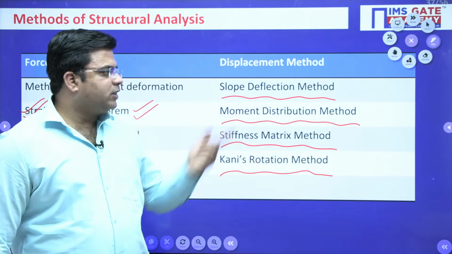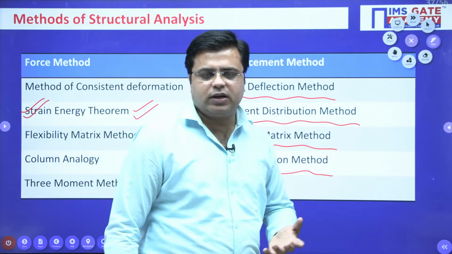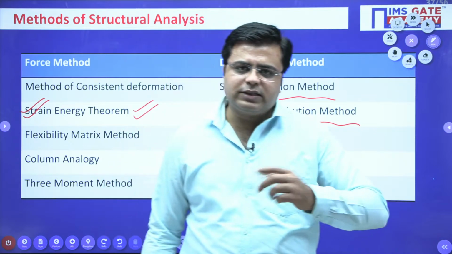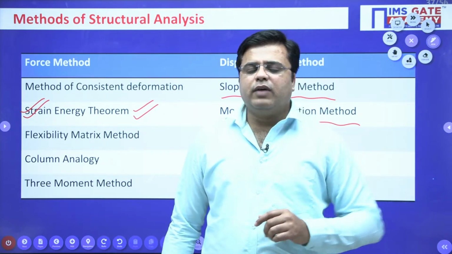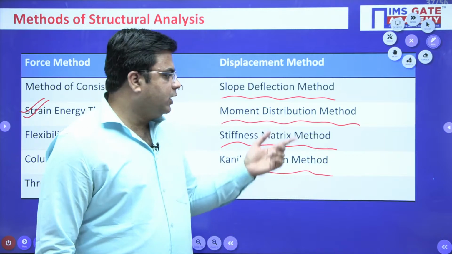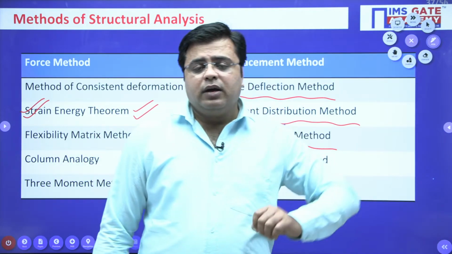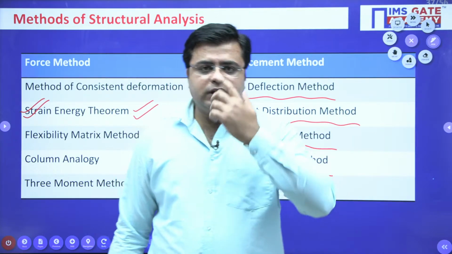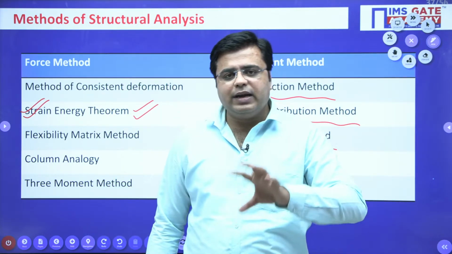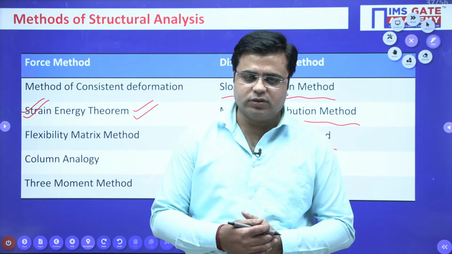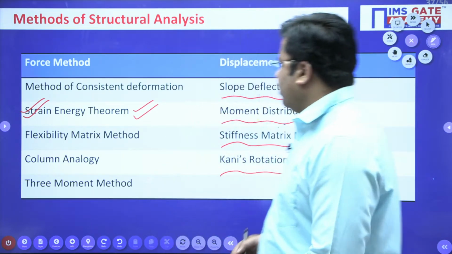For slope deflection method, you need to write these slope deflection equations, and then you need to solve these simultaneous equations for different values of deformations. When we talk about the moment distribution method, you need to keep a check on the number of iterations that are required to solve or get the exact value of the member forces. Okay, so we are going to see this one by one.